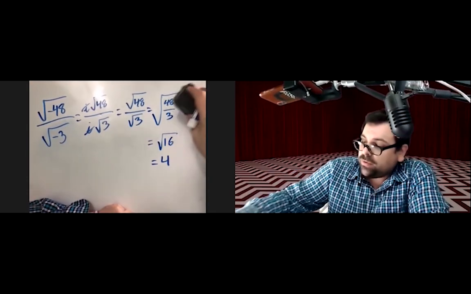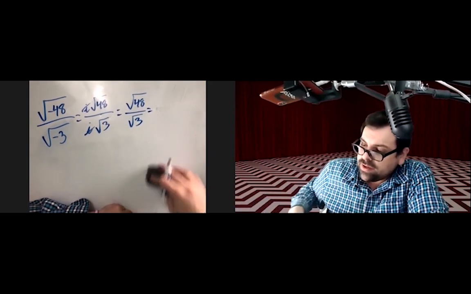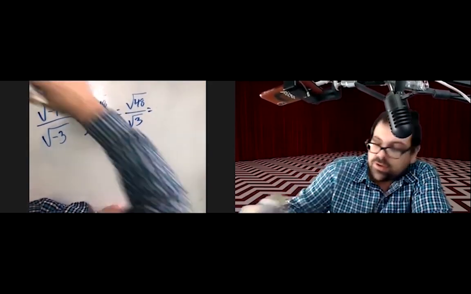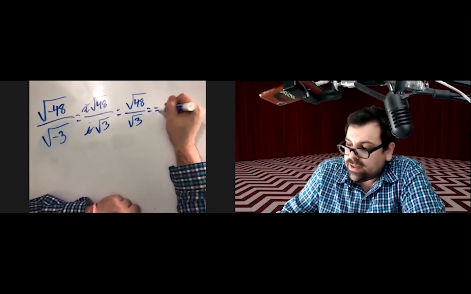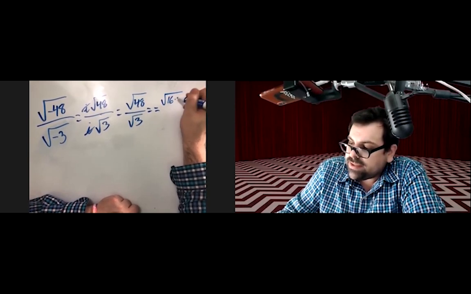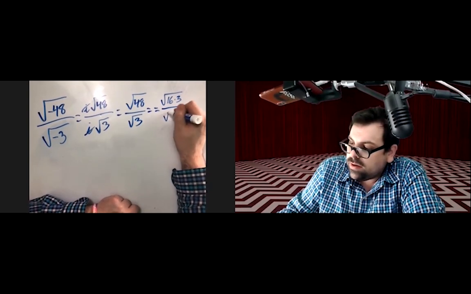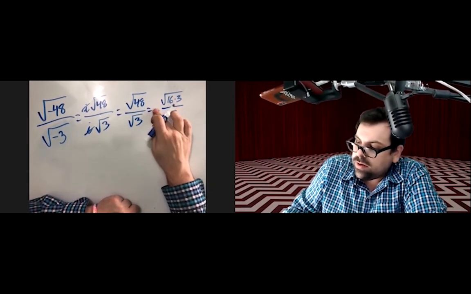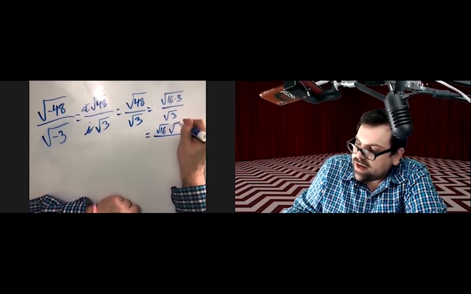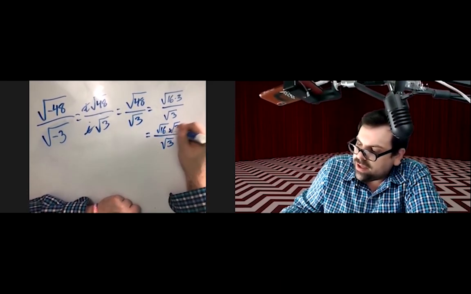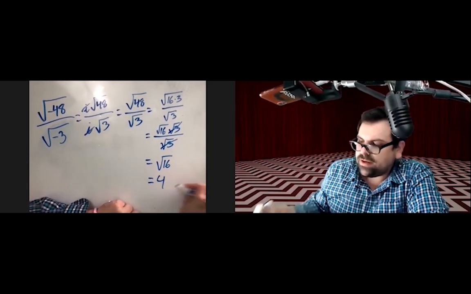But by now, hopefully you're realizing do correct things and get correct answers. Maybe you simplify the top. 48 is 16 times 3. So this is radical 16, radical 3 over radical 3. Radical 3's cancel. Square root of 16 is 4.